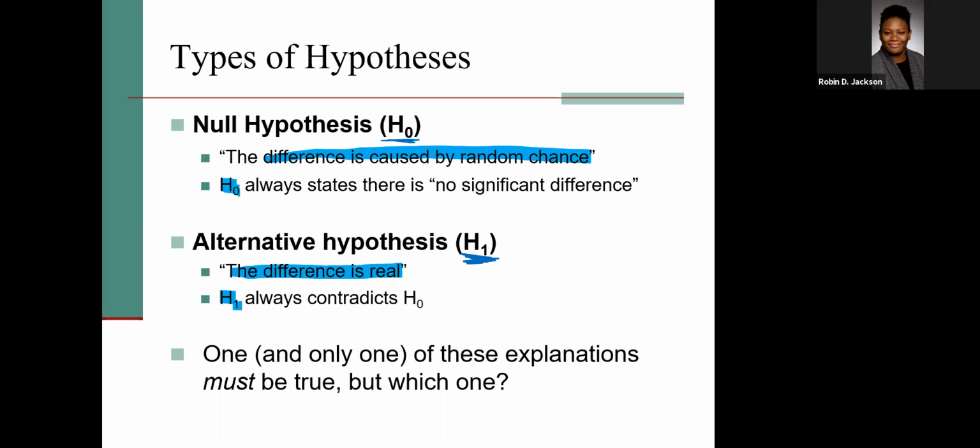In other words, the difference that we observe, the difference that we see, it's real. Like the bullet states, one and only one of these explanations must be true. But the question becomes which one? This is where hypothesis testing comes into play. That's why we do a hypothesis test.